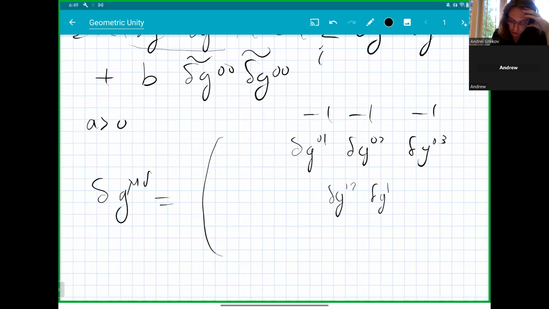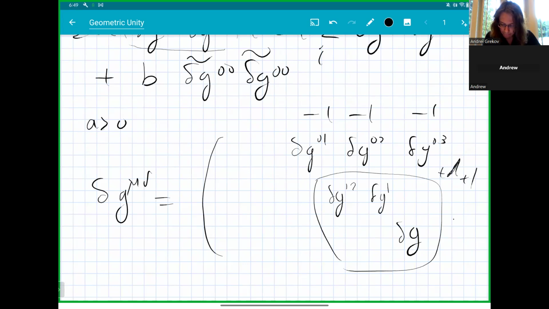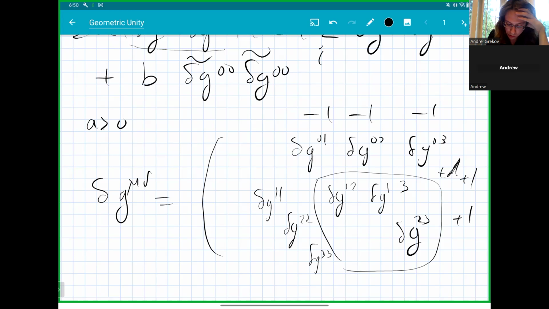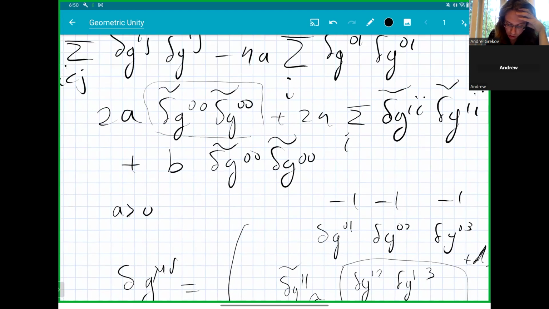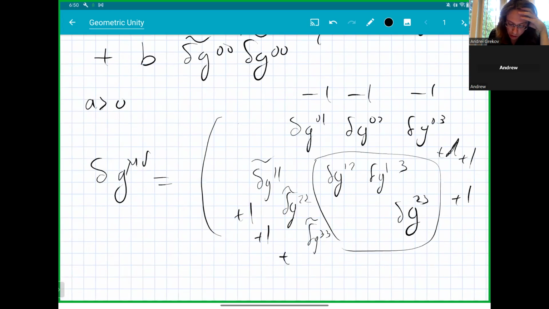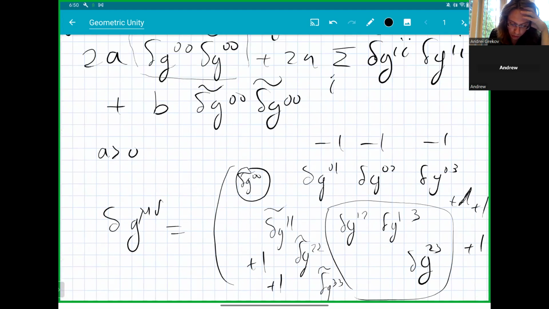Oh sorry, so on these 3 we will always have plus signs in our contribution to the signature, and on these diagonal ones we'll also always have positive ones, plus 1 plus 1 plus 1, and this one, dg 00, will depend on the sign of 2a plus b.